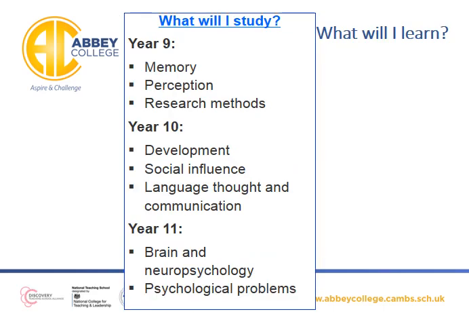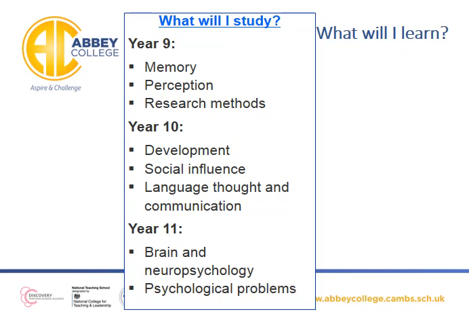In Year 9, you will look at memory, perception and research methods. In memory, we look at the different types of memory, how much capacity each type has, and how the memory works together. For perception, we look at optical illusions, we look at depth, we look at how we perceive things in a different way to other people, whether that's to do with our culture, and how our eyes work to be able to see depth, and how our brain works with our eyes to interpret what we're seeing.